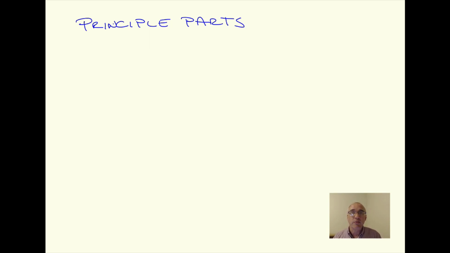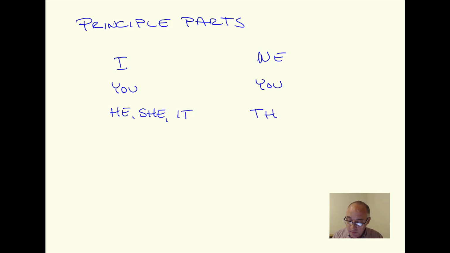What else do we need with verbs? A person. We need who is doing the eating, who is doing the praising, who is doing the loving. We can say I, you, and then he, she, or it. And I'll talk about these in just a second, but we all know what I, you, and he, she, or it are. We, you, that's a different you than the other one, and they.